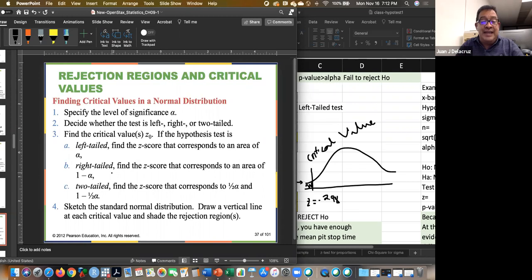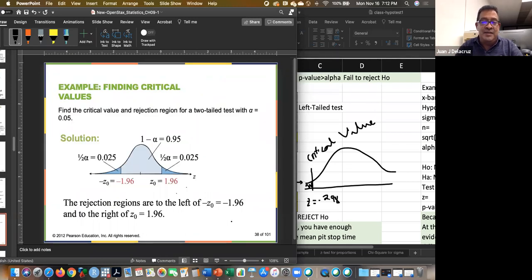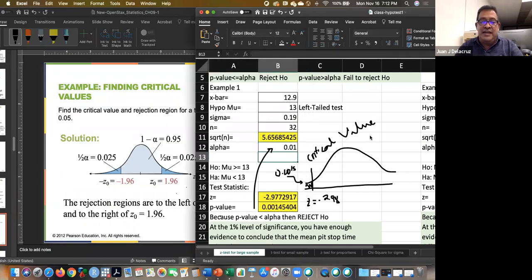If right-tailed, find the z-score that corresponds to the area 1 minus alpha. And if this is a two-tailed test, find the z-scores that correspond to half alpha and 1 minus half alpha. Then sketch the standard normal distribution, draw a vertical line at each critical value, and shade the rejection regions. Sounds like a multi-step thing, but actually it is very, very simple.